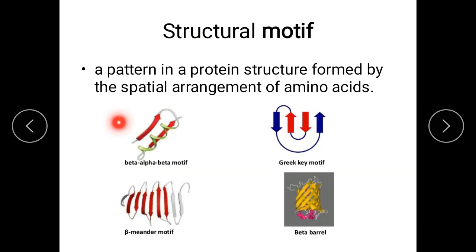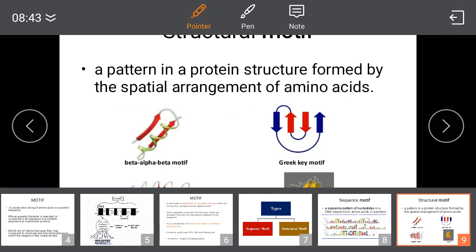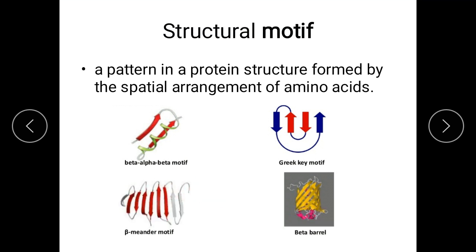And if specific structures are conserved in all sequences, that is called a pattern or protein structure formed by spatial arrangement of amino acids, such as the beta alpha beta motif. Here is the beta meander repeat, here is a Greek key where again beta sheets are there, and here are repeated beta barrel structures.